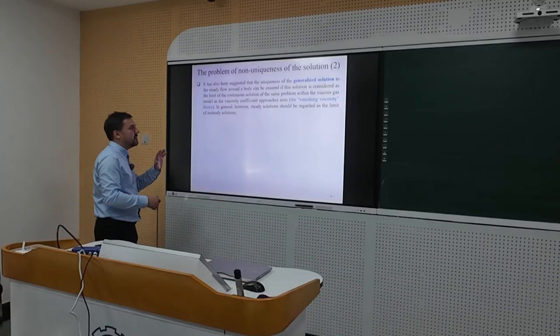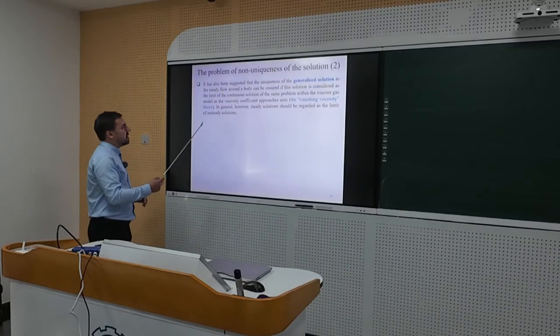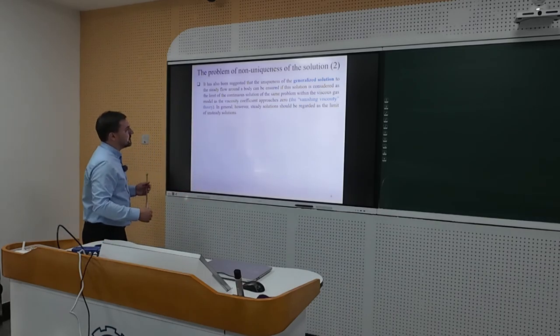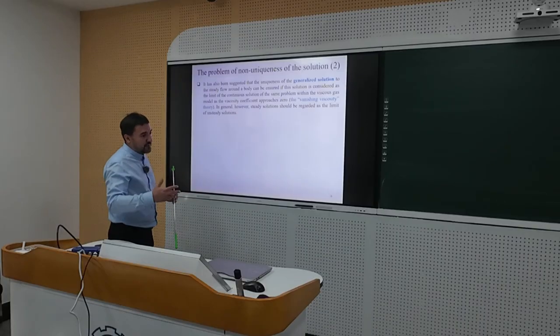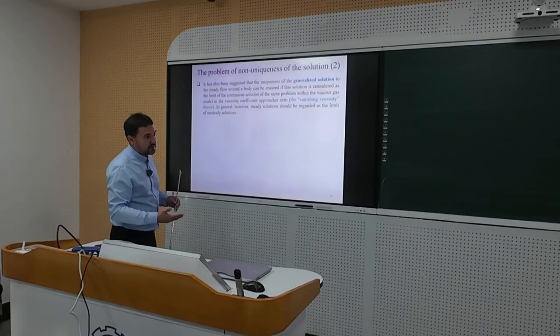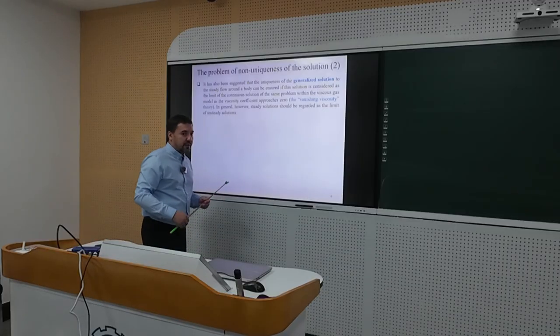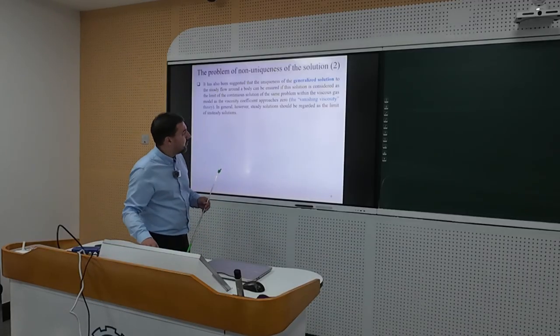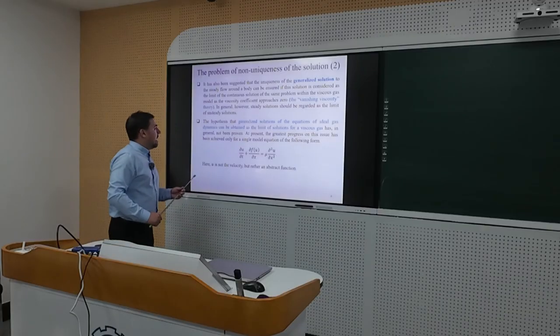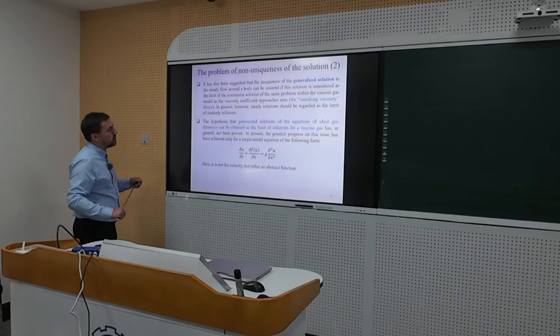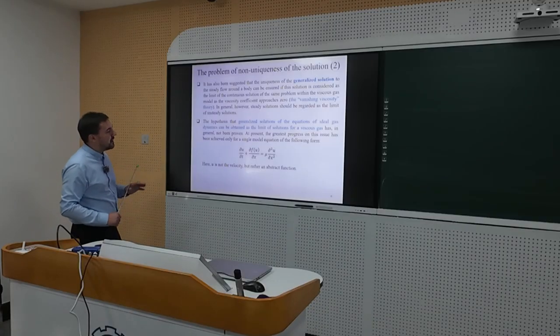So they're the same. In general, however, steady solutions should be regarded as the limit of unsteady solutions. So another idea is that maybe we should solve Navier-Stokes equations, and in the limit of vanishing viscosity we can get the correct solution of Euler equations. And in this way we approach the topic of this lecture.